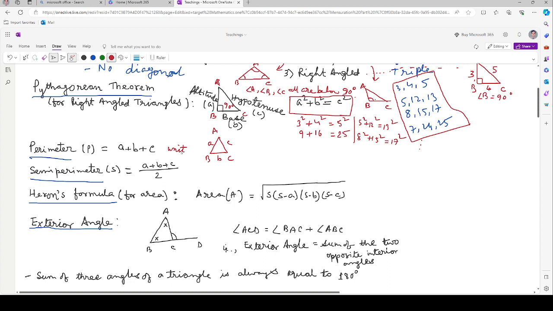If it is in meter, then the result will be in meter. So, perimeter is the length obtained by summing the three sides of a triangle. What is semi-perimeter? Semi-perimeter is nothing but half of the perimeter. So, if we denote semi-perimeter by the letter S, then S equals A plus B plus C divided by 2.